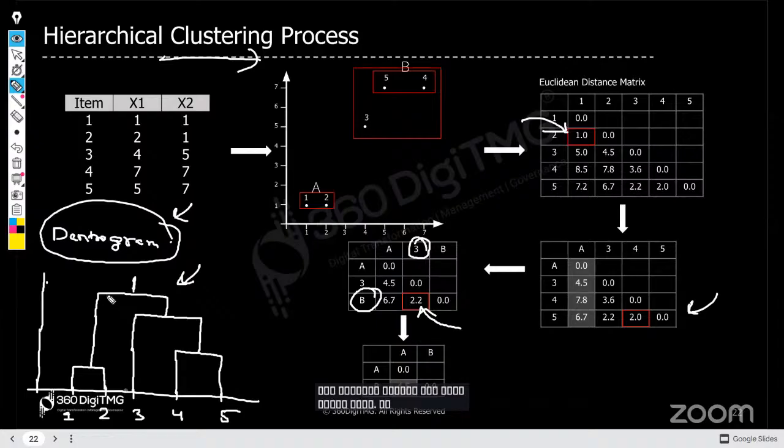If you see, this one is the largest vertical line, but this vertical line is intersecting. We can intersect it with this horizontal line. Now let's see which one is the second largest vertical line. This one is the second largest, but we can intersect it by this horizontal line.